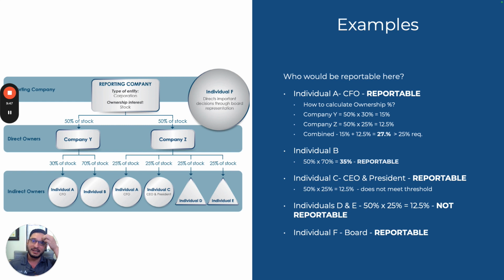So if I was to run an example where individual B was actually a trust and because of that ownership, it is going to be reportable, you would need to report both the trustee and the beneficiary. If this is a revocable trust and they are the same individuals, you're just going to be reporting one individual.